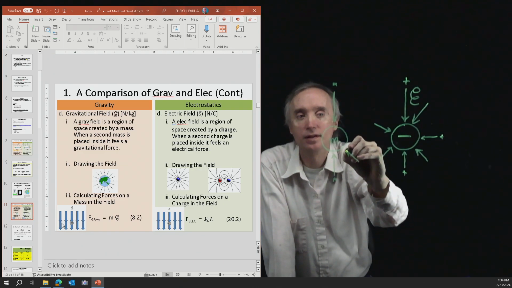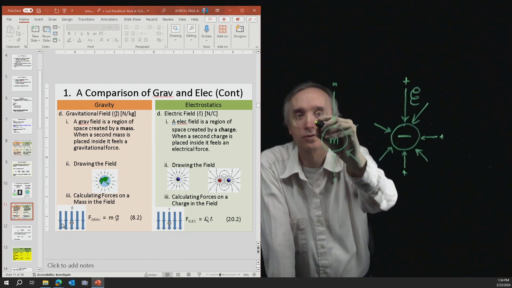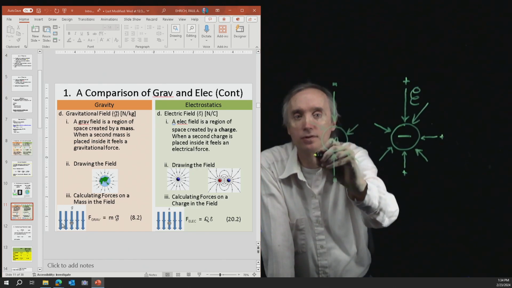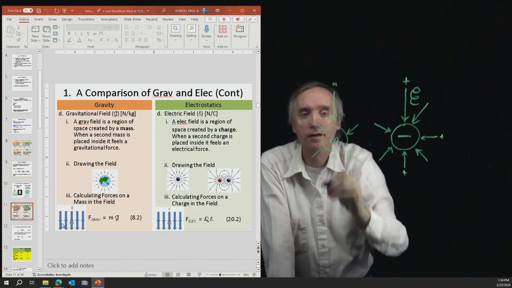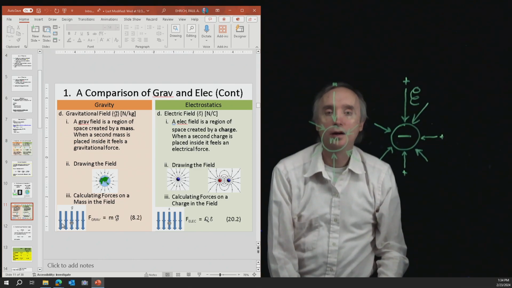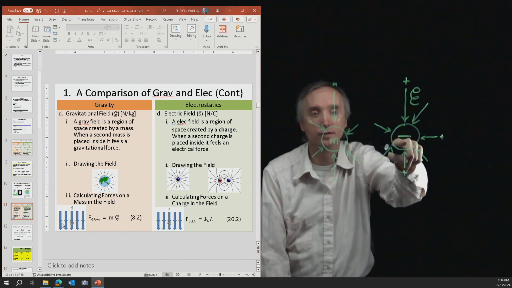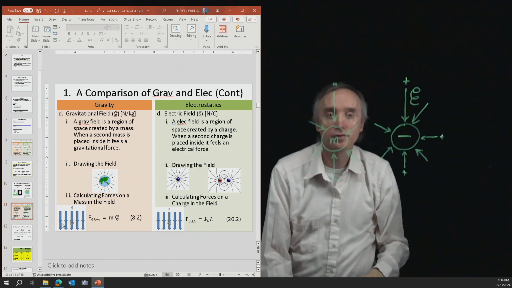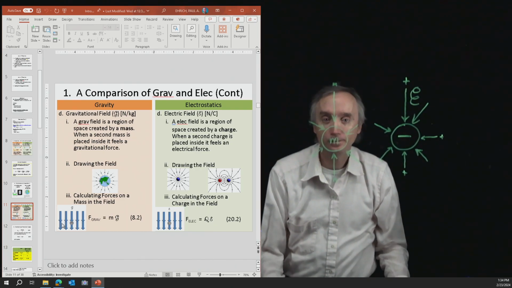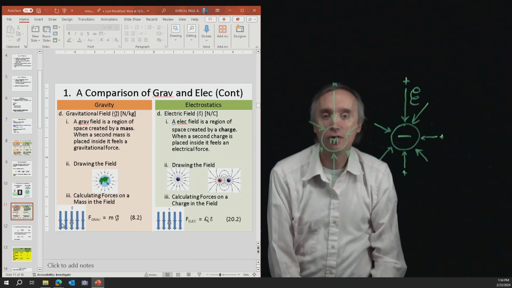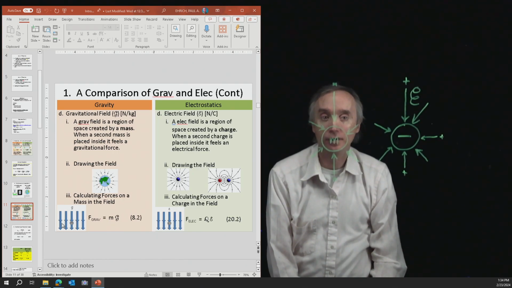Notice it's the exact same picture. So this picture that represents the gravitational field of the Earth is identical to the electric field of a charged particle. Okay, so I want you to be able to draw the gravitational field of the Earth.